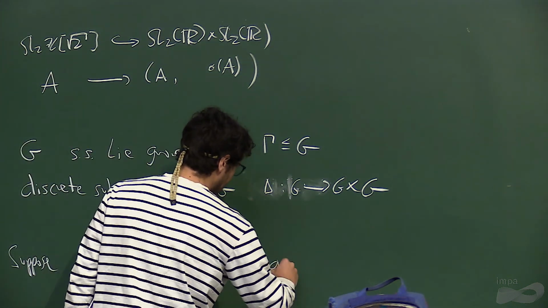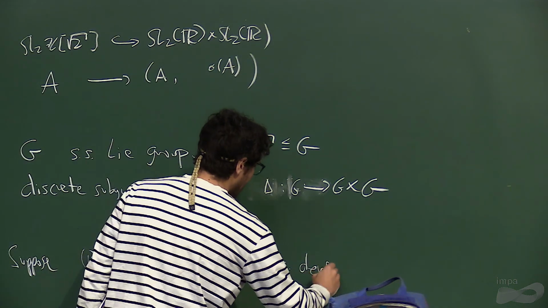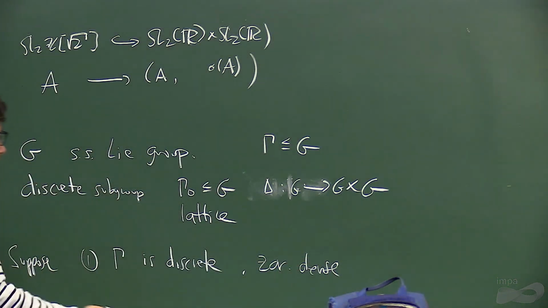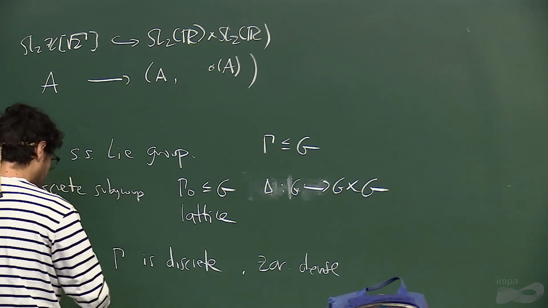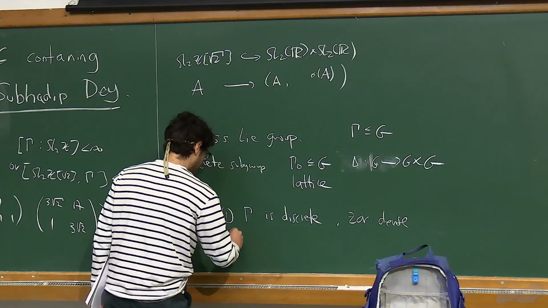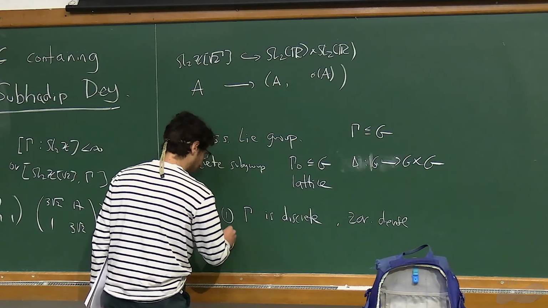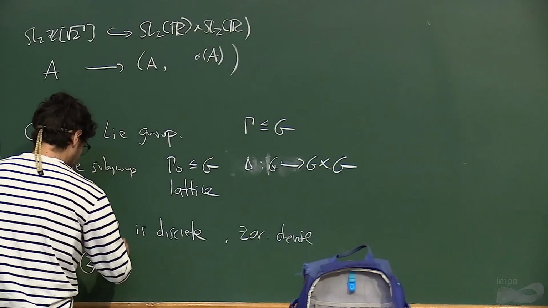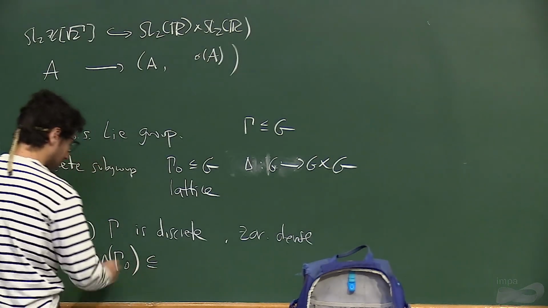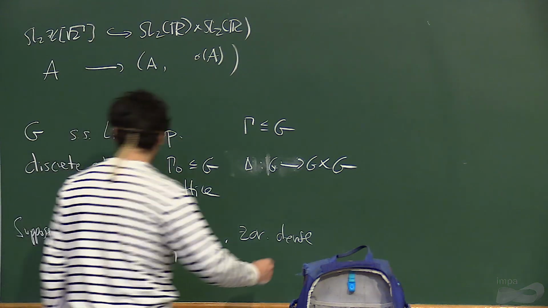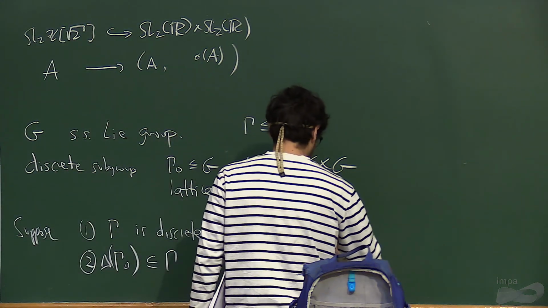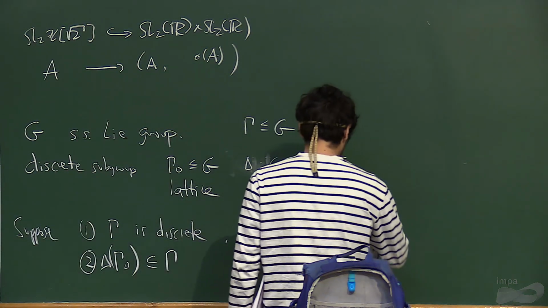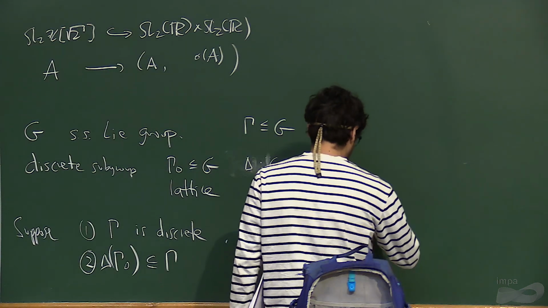Zariski dense just means it doesn't lie in a smaller Lie subgroup of G. The second condition is that Γ0, or this diagonal embedding, is contained in Γ. And then the question is, does this imply that Γ is a lattice in G?